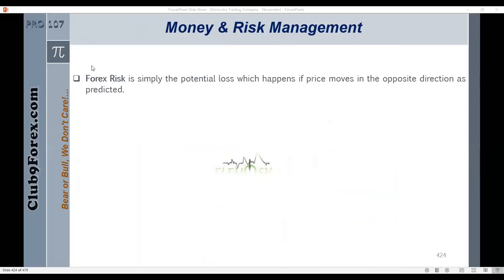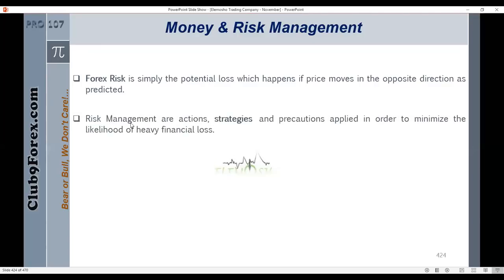So if you predict that price is going to go up and it moves against you, then you are in loss, and that is the risk you are going to be facing. It happens every time. I've explained it before, and it will still happen unless you are not trading. So sometimes price is going to go against you. But what determines the outcome is how you are able to manage yourself any time that is happening.